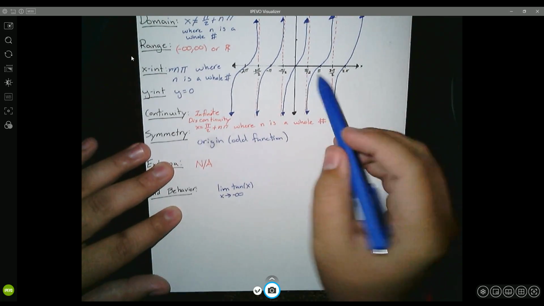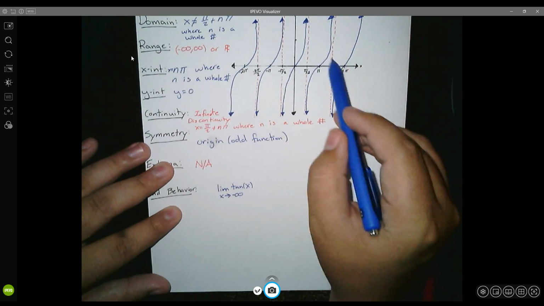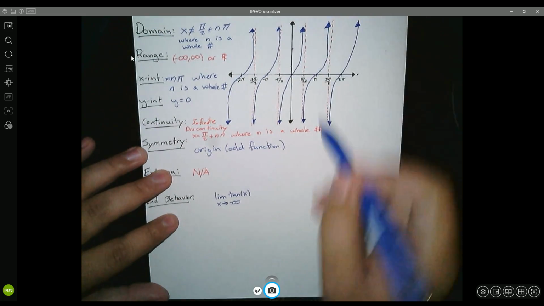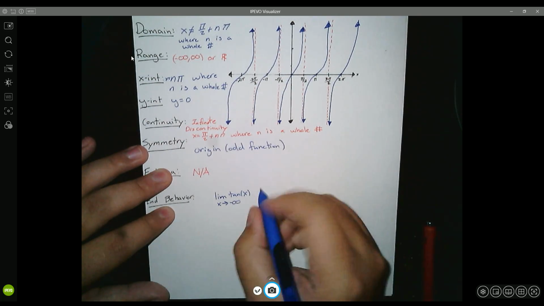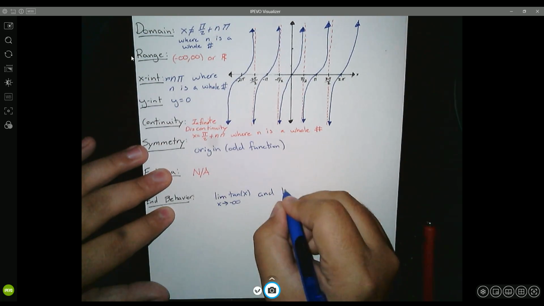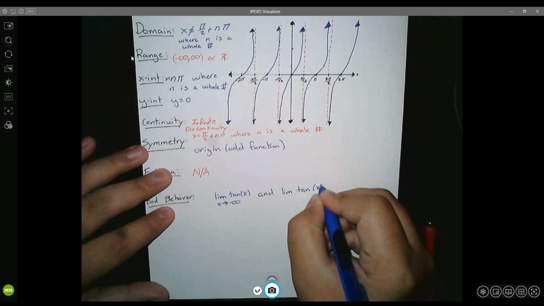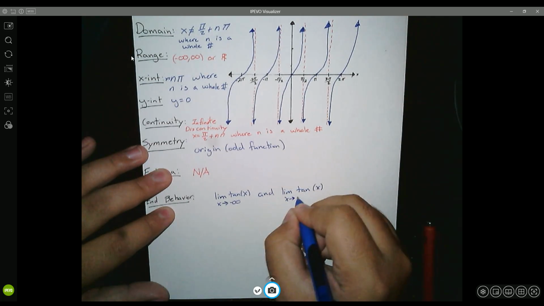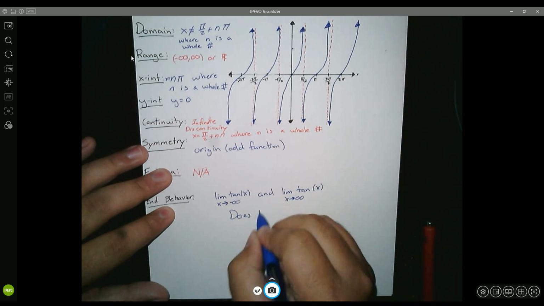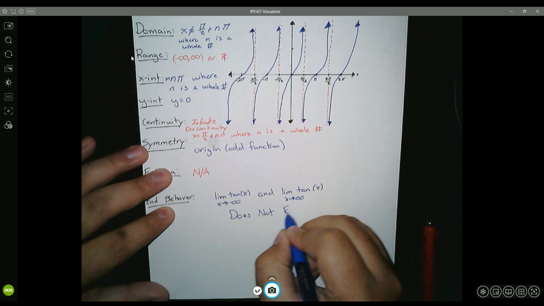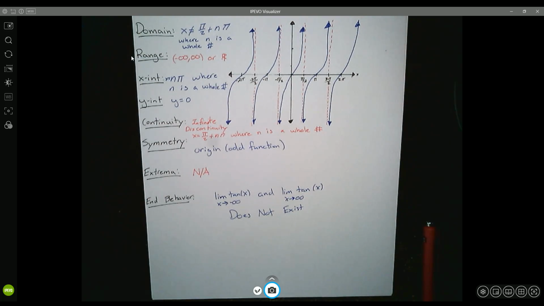As we go to positive infinity, the same thing. We keep fluctuating between going up and down. So the limit of tangent x as x approaches negative infinity and the limit of tangent x as x goes towards positive infinity does not exist, simply because it keeps fluctuating up and down.